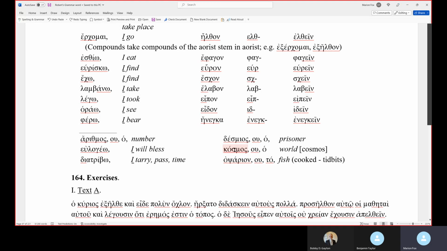Cosmos, and our word cosmetic comes from it, how something is arranged. Osarion, that's a fish, but it's cooked, or tidbits of a fish, usually like a cooked fish, right?